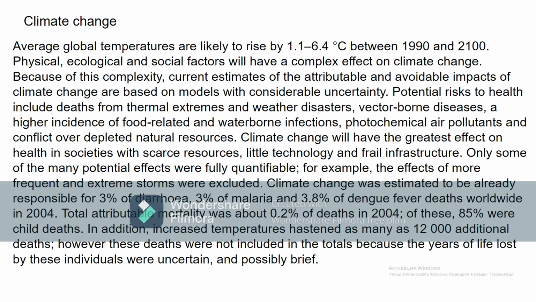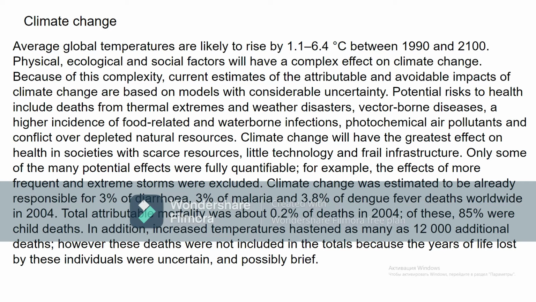Let's talk about climate change. Average global temperatures are likely to rise by 1.1 to 6.4 degrees Celsius between 1990 and 2100. Physical, ecological and social factors will have a complex effect on climate change. Because of this complexity, current estimates of the attributable and avoidable impacts of climate change are based on models with considerable uncertainty.